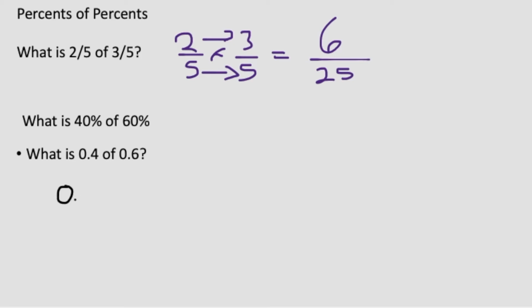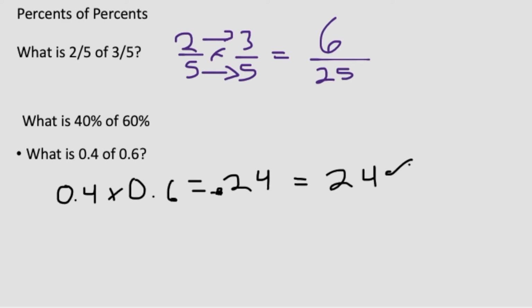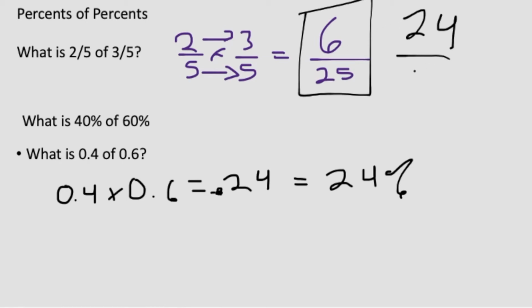So I would go 0.4 times 0.6, and that's going to be 0.24, the decimals here. And so the percentage is 24%. Now, if I check this, times by 4, this is going to be 24 over 100 if I just wanted to check it really quick. And so that would be 24%. So that is how I'm just checking that to make sure that I got it correct, right?